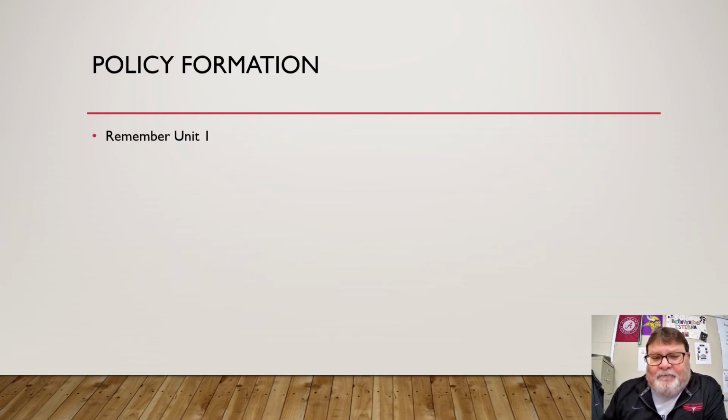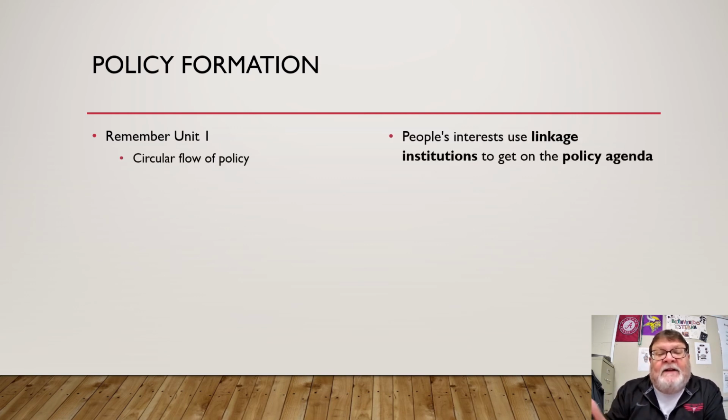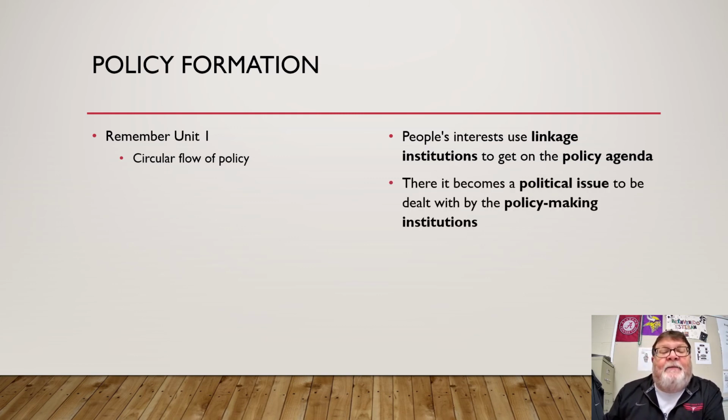And lastly, for this part, again, remember Unit 1. This is that policy circle that we did. So I'm just going to go through it really quickly again. And the things that are important there are going to be bolded, right? The people, the interests of the people. We use linkage institutions, those variety of things. There's 4 of them, remember, to get on the policy agenda. Then, if it's important enough, it becomes a political issue, dealt with by the policymaking institutions. That's the branches of government, right?